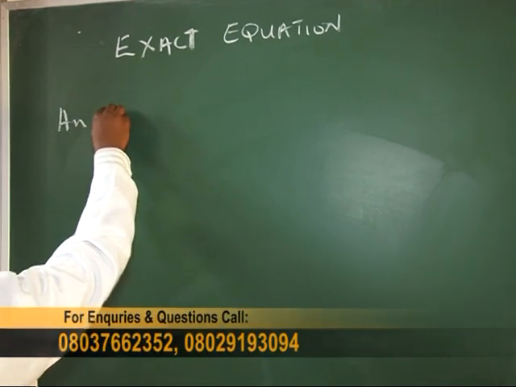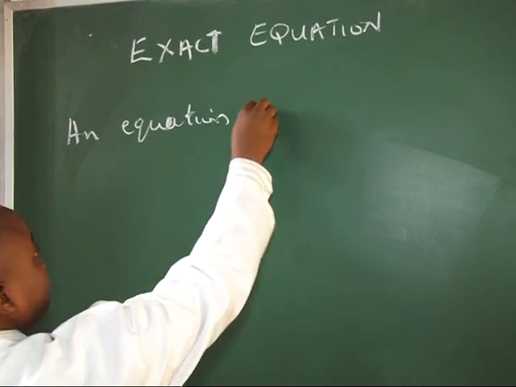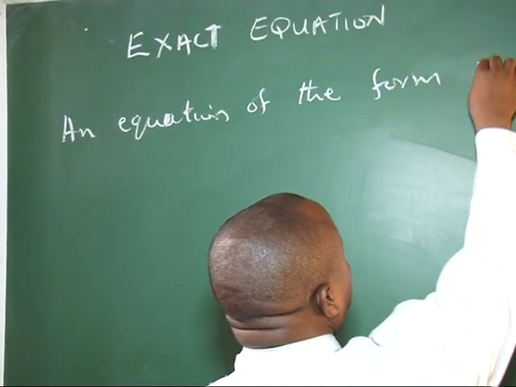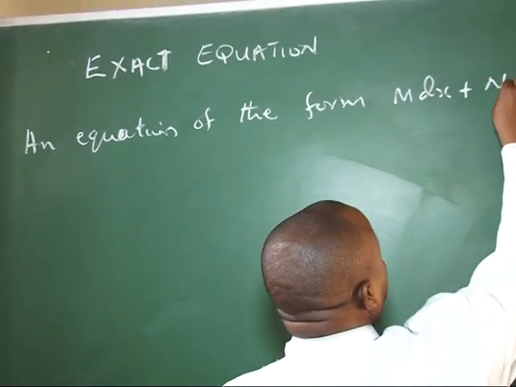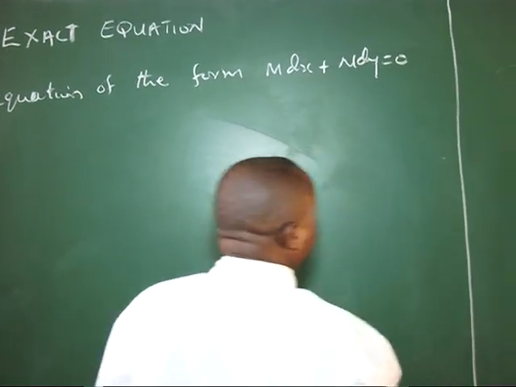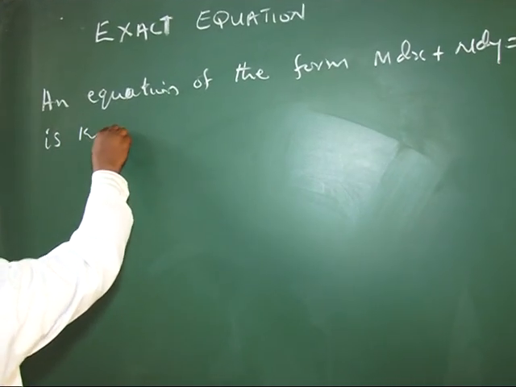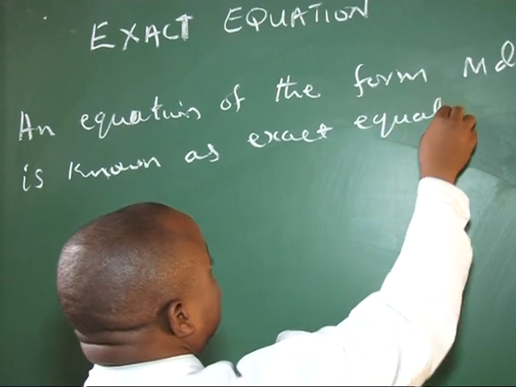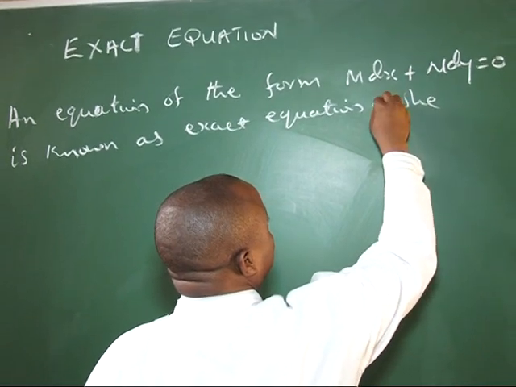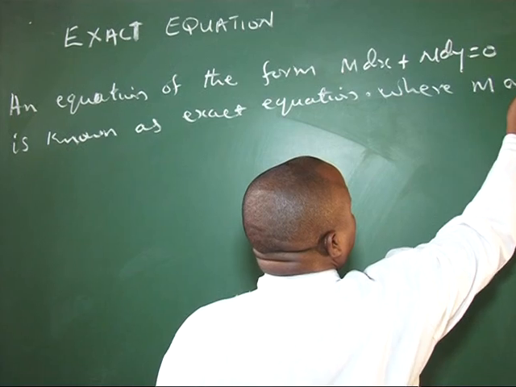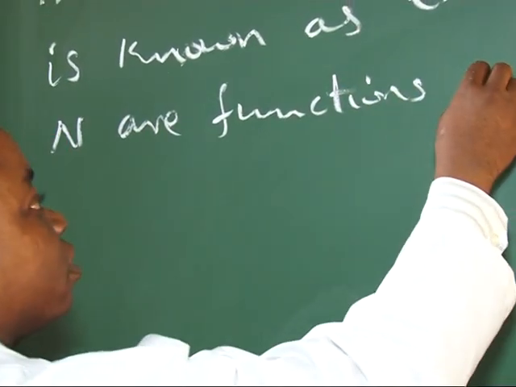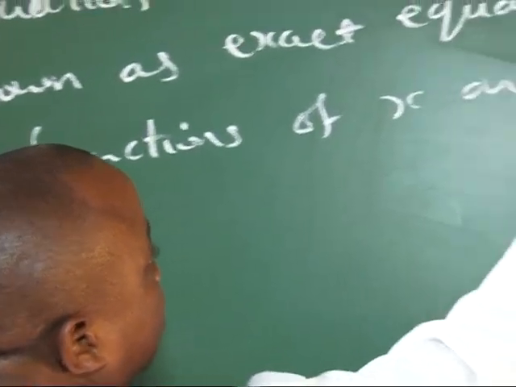Exact equation. An equation of the form M dx plus N dy is equal to 0 is known as an exact equation, where M and N are functions of x and y.